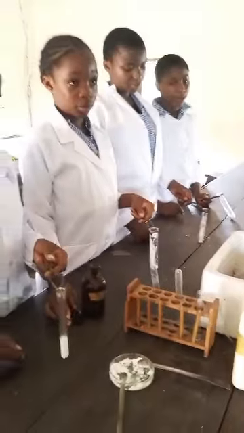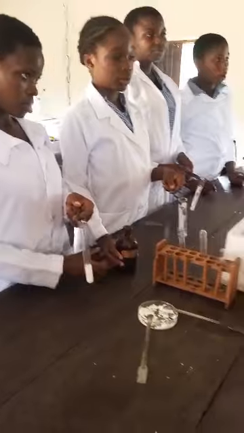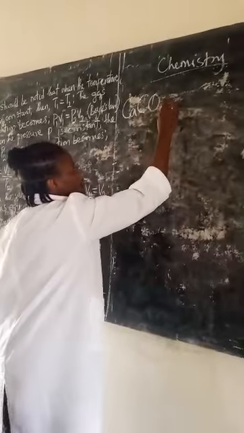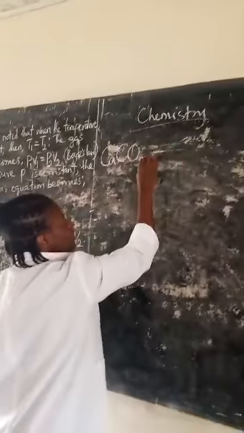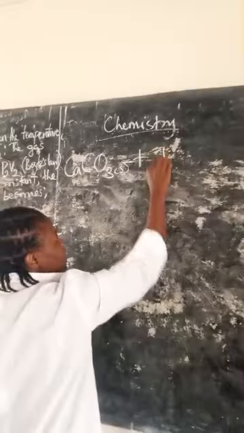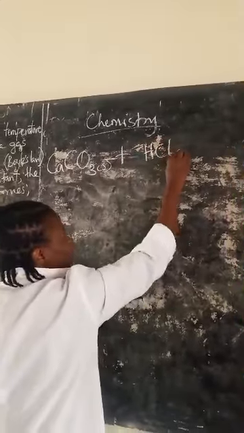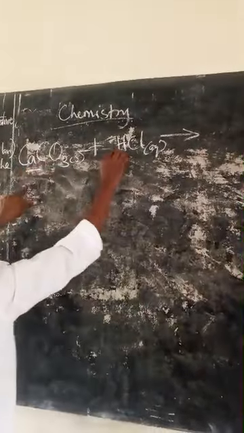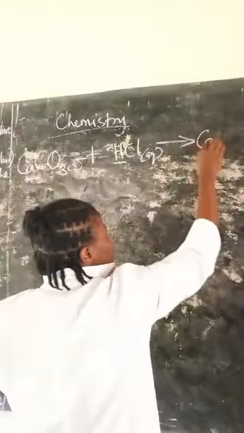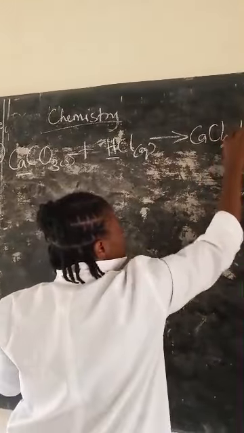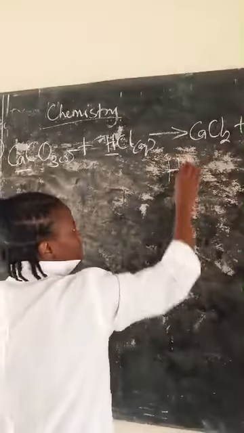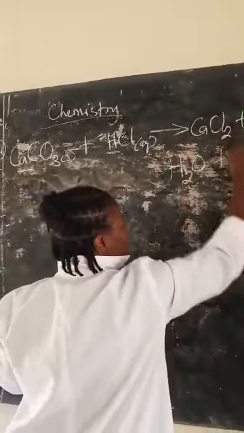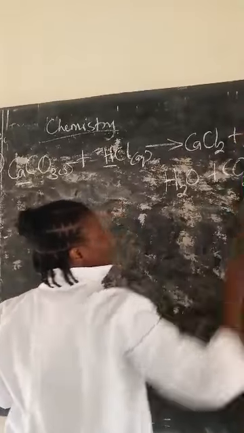Okay, so let me just write the chemical equation for the reaction that took place. Calcium trioxocarbonate 4 in solid state reacts with HCl, that's hydrochloric acid, to produce calcium chloride, because calcium will displace hydrogen, plus water plus CO2 gas, which will be evolved.